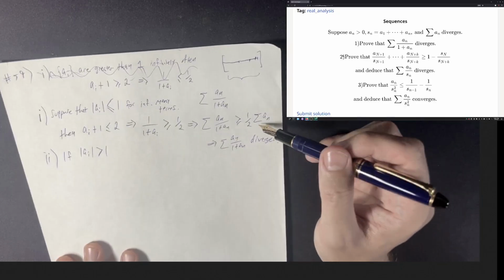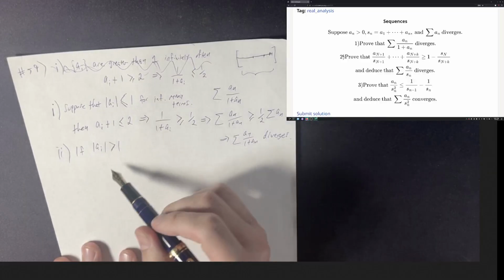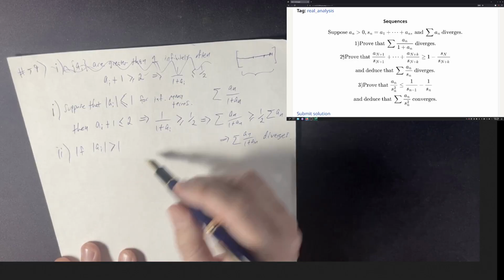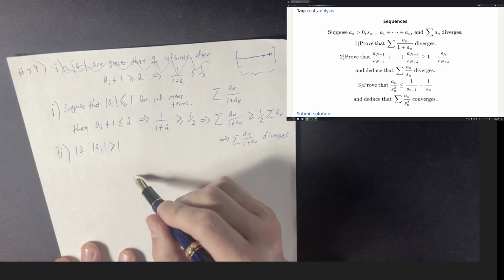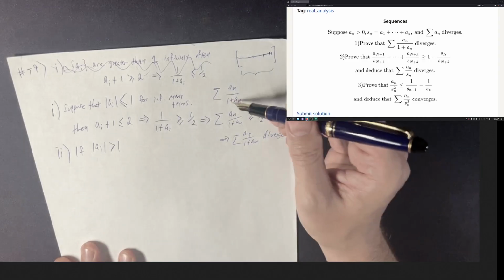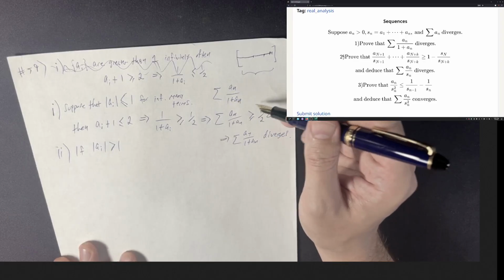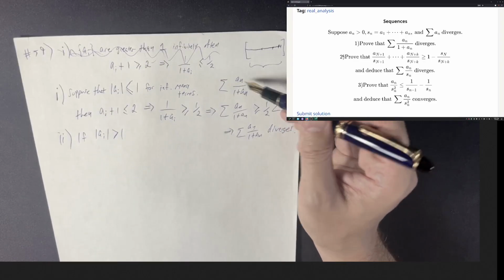I basically just did a comparison. Here, what am I going to do with this? We know that the denominator is bigger than 2, so this is less than half, but I don't want to go less than. I want to be able to say that this is bigger than something.